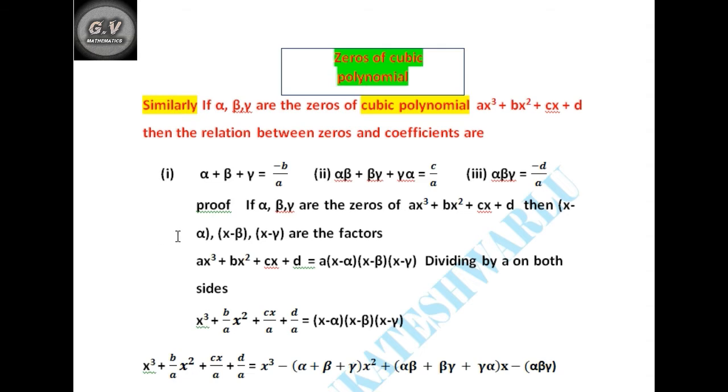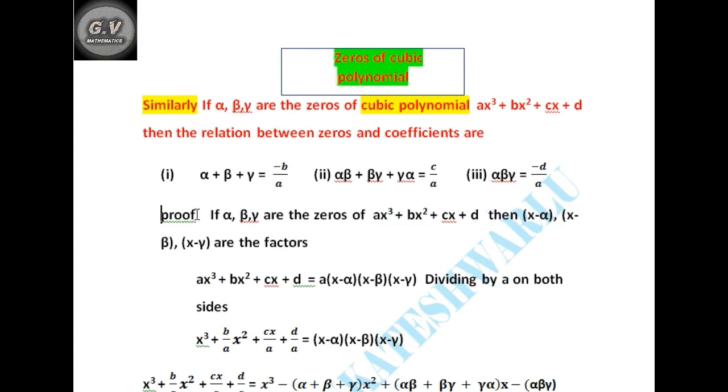So next, look here. If x equal to alpha, then x minus alpha is a linear factor. If x equal to beta, then x minus beta is a linear factor. At x equal to gamma, x minus gamma is a linear factor.